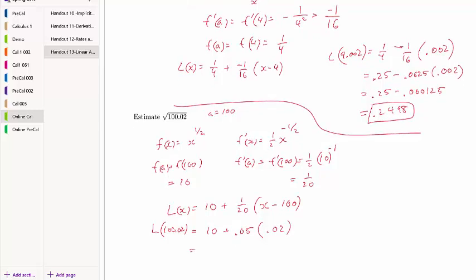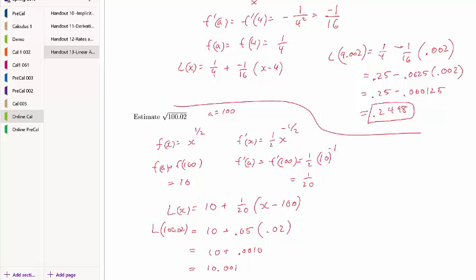And so calculating through everything, we've got 10 plus 0.05 times 0.02. 5 times 2 is going to be 10. And we have 1, 2, 3, 4 decimals, so you go back like so. Alright, and so adding these together simply gets us 10.001.